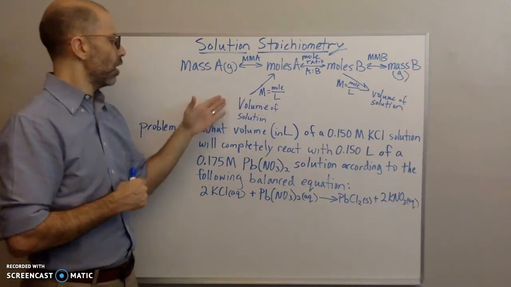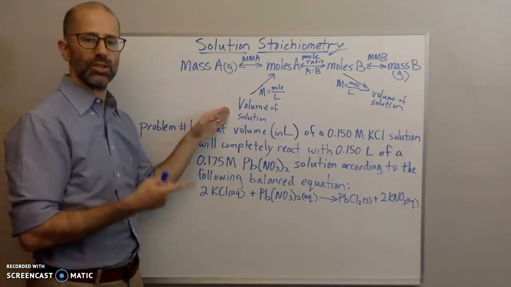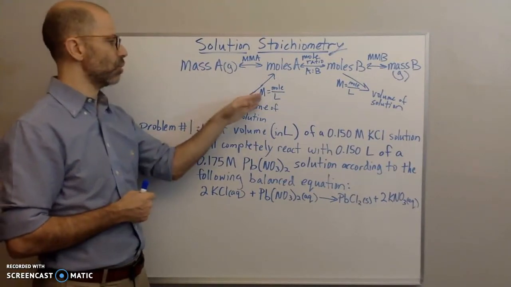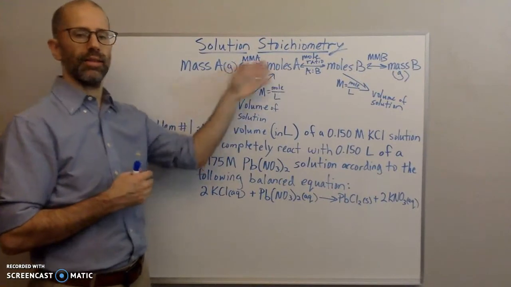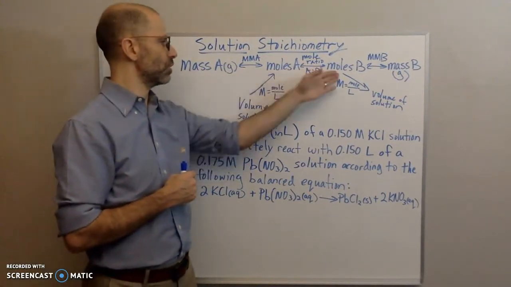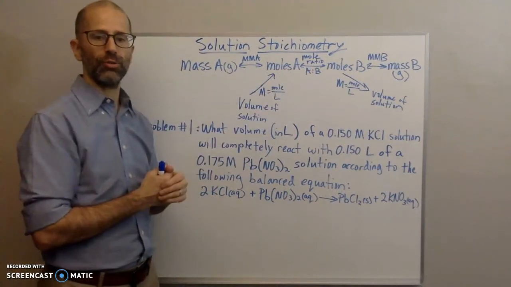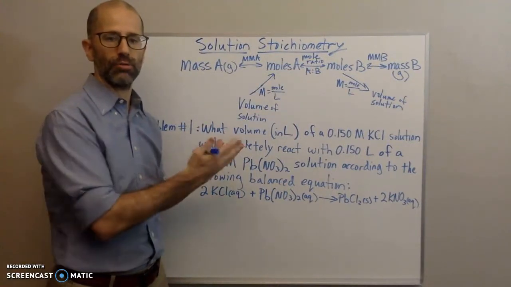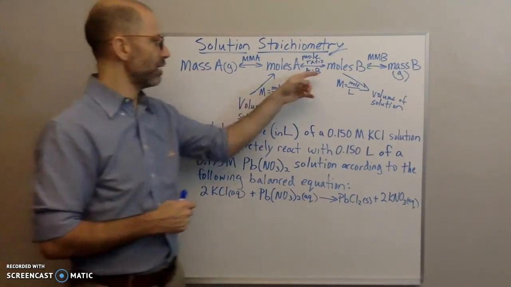If you don't have liters, you need to convert milliliters to liters, and then you can use molarity as a conversion to get to moles. Once you're here, you can convert using the mole ratio. And if they're asking you for a volume of the product or other reactant, you have to get back off.